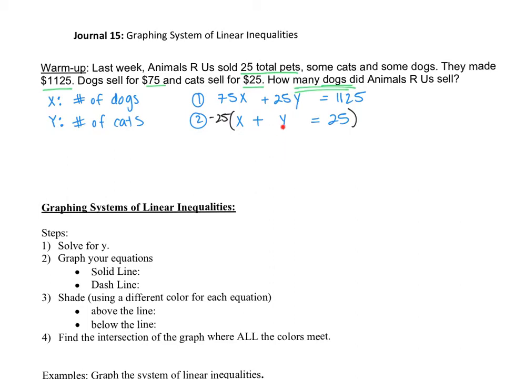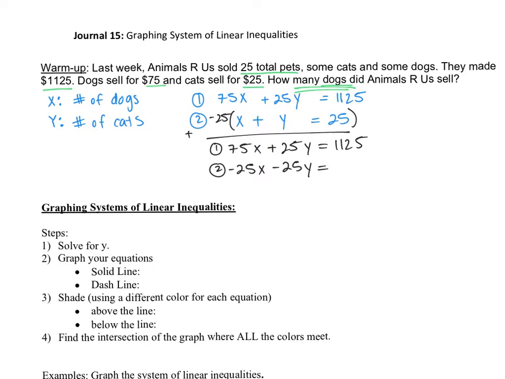So the y's would cancel, but I need to multiply that to all the other terms as well. So when I take the first equation, I'm just going to bring it down as it is. I'm not multiplying anything to the first equation. Whereas the second equation, I'm multiplying in a negative 25. So that would be negative 25x, negative 25y. And negative 25 times 25 is negative 625.